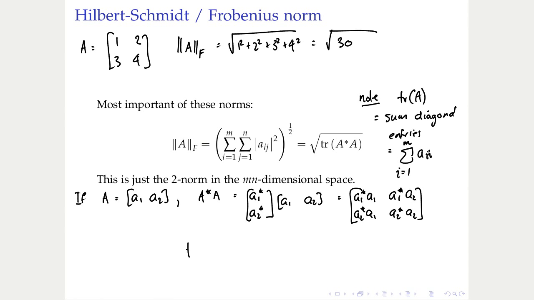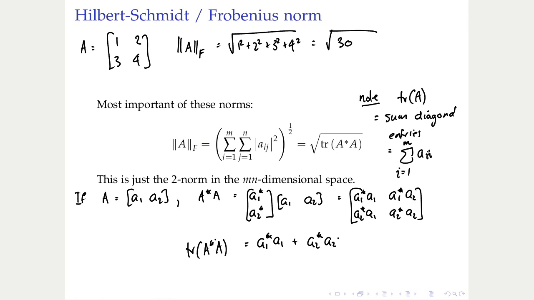Cool. Okay, so the trace of that is equal to a1 star a1 plus a2 star a2.